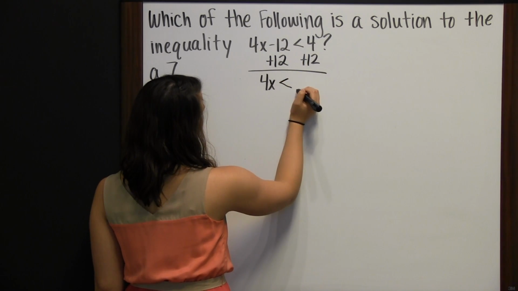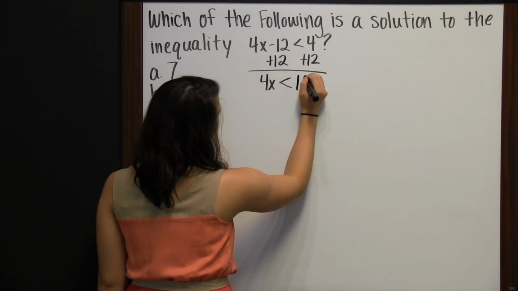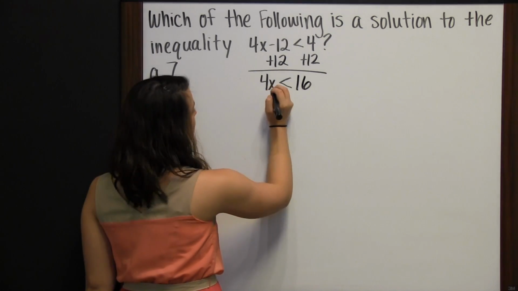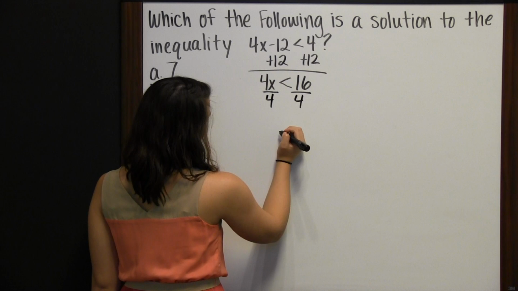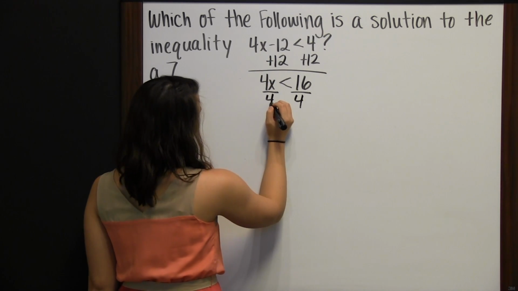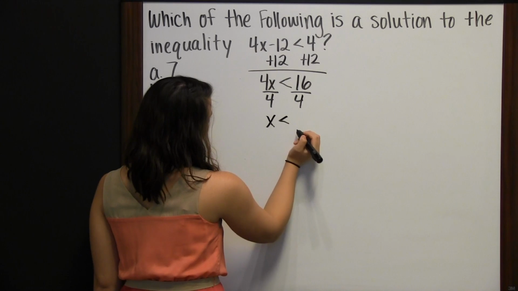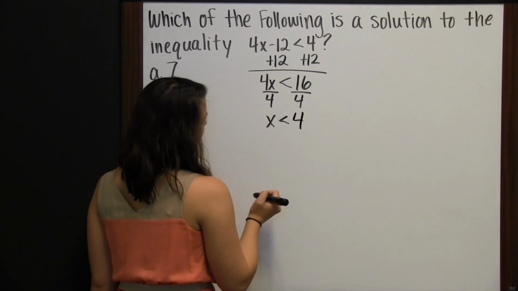Bring down our less than sign. And 4 plus 12 is 16. Then we need to divide both sides by 4. 4 divided by 4 is 1, times x is less than 16 divided by 4 is 4.